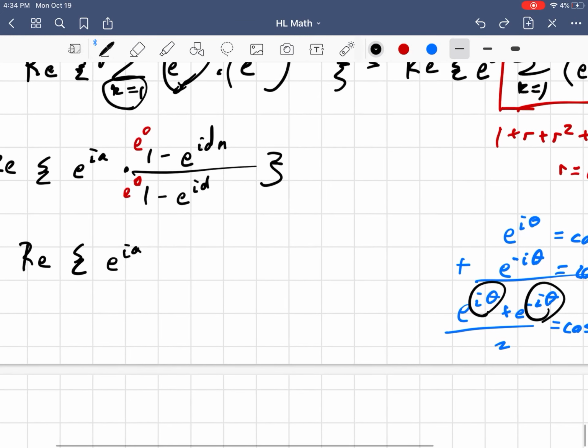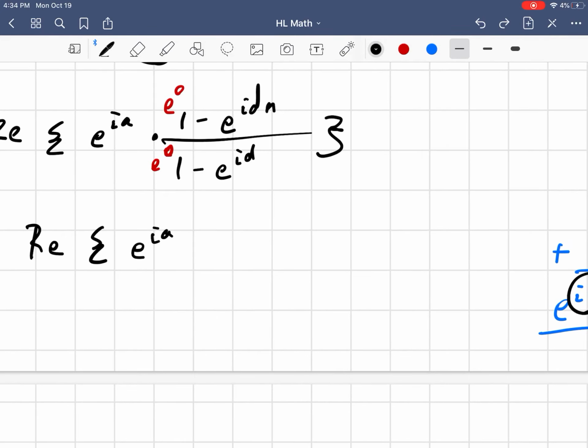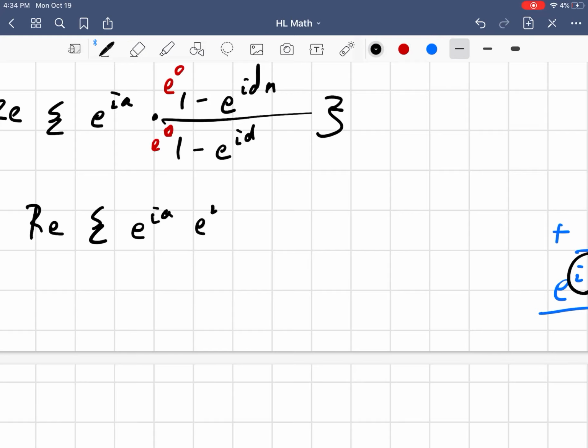The only way I'm going to turn this 0 and this idn to have the same magnitude but opposite sign is by taking the arithmetic mean of those exponents. So I'm going to pull out an e to the idn over 2 and make this e to the negative idn over 2 minus e to the idn over 2.